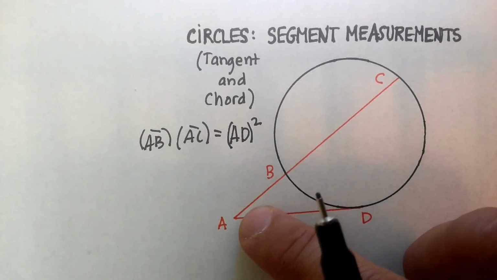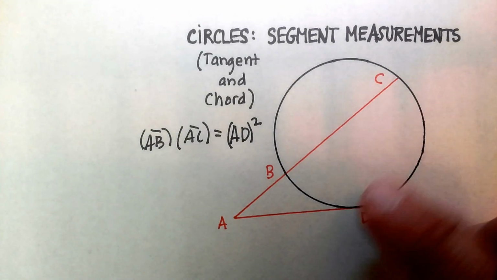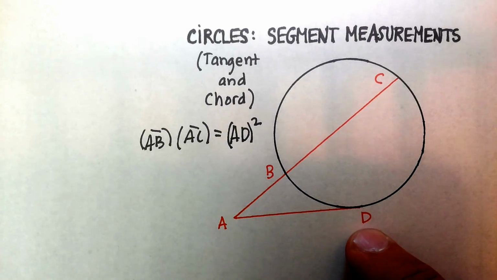So this length times this length will be equal to this length squared.